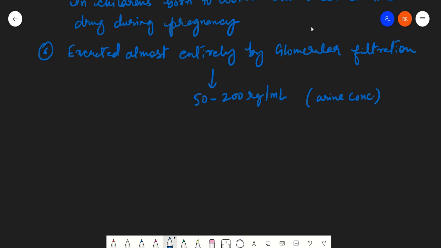And another thing is they have a plasma half life of around 2 to 3 hours in patients with normal renal function.